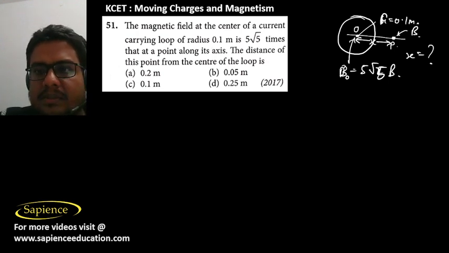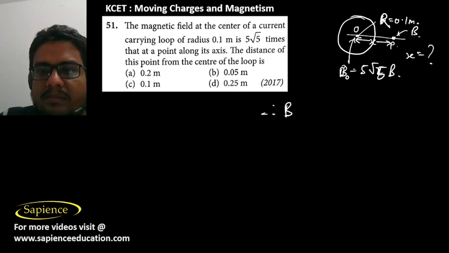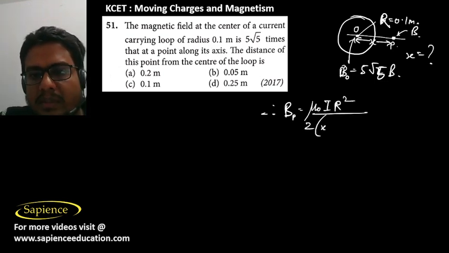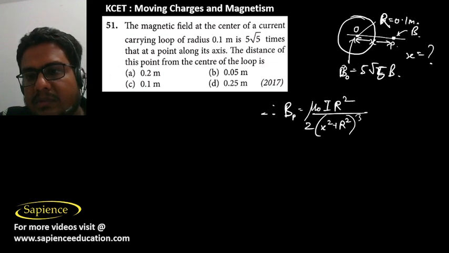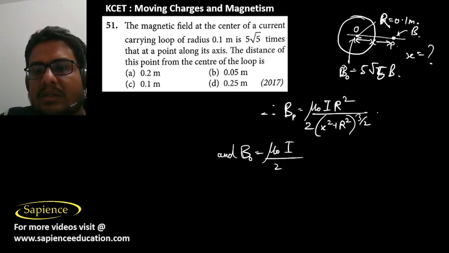So let's say the radius of the loop is R. Now the magnetic field at the point P will be given as mu naught I R square by 2 into (x square plus R square) whole power 3 by 2. And the magnetic field at the center, B naught, is equal to mu naught I by 2R.